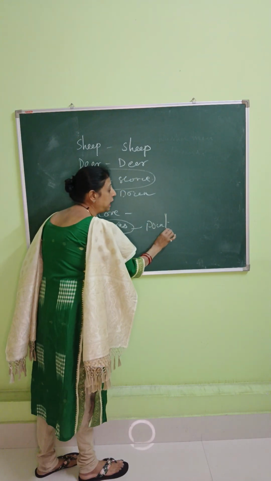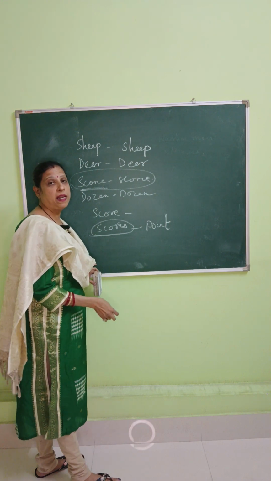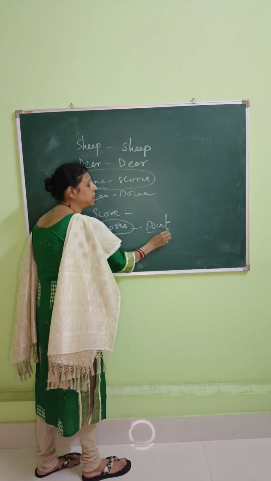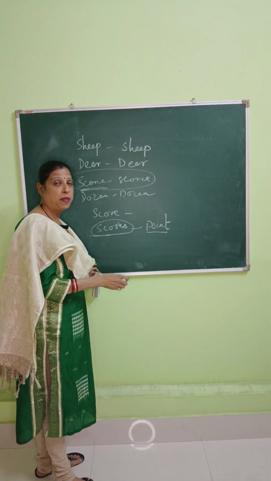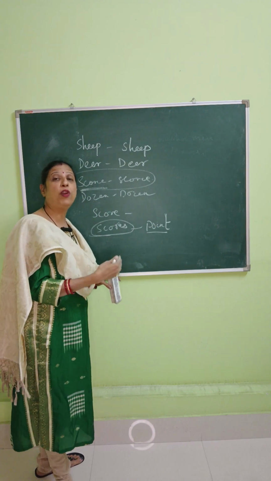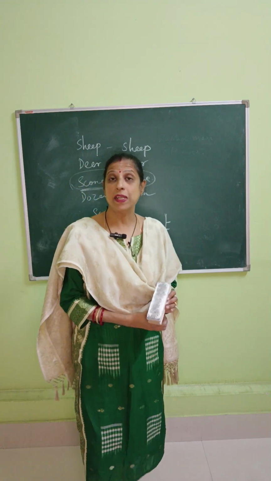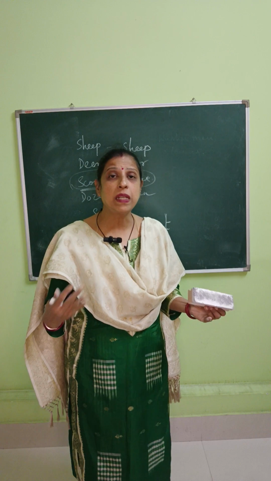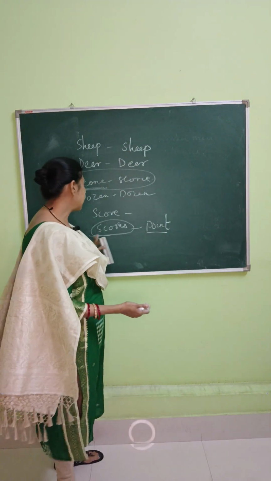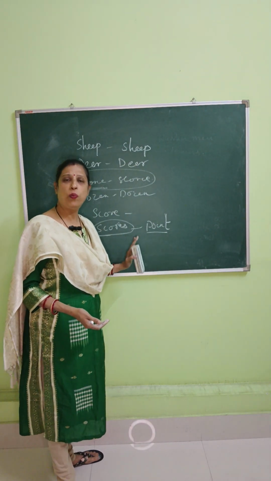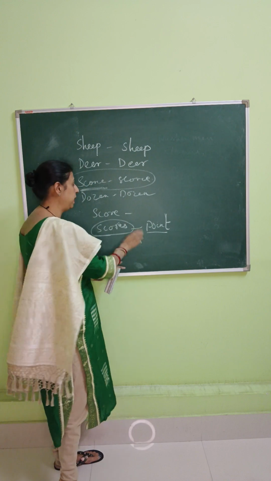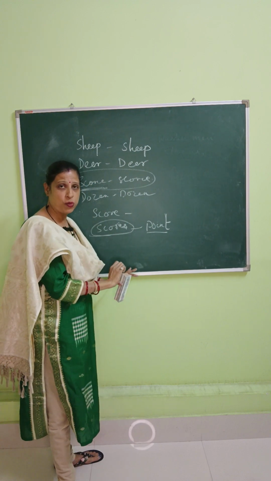So, it becomes a countable noun. Because say the child is getting 45 marks, child is getting 28 marks, then it becomes a countable noun. So this score is a countable noun, which forms a plural by adding s to it.